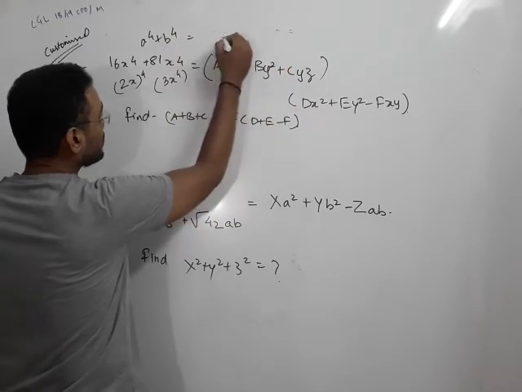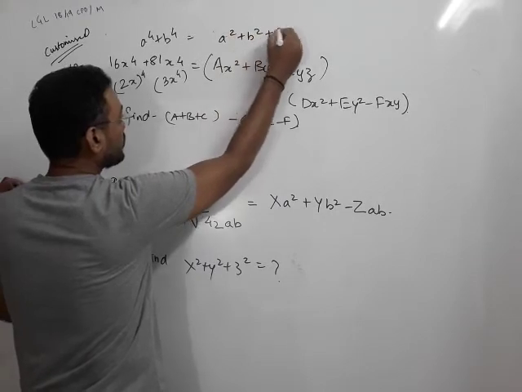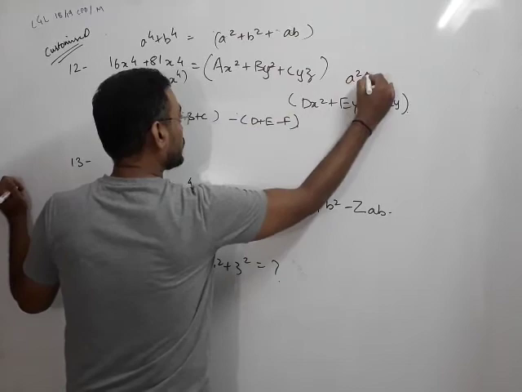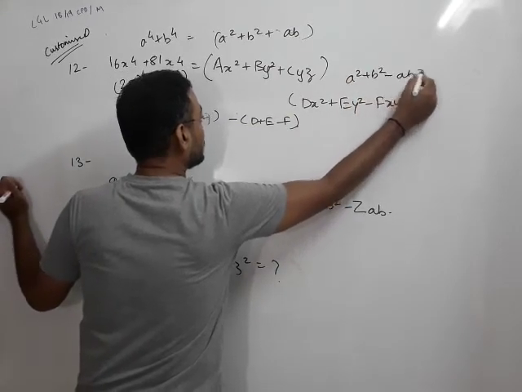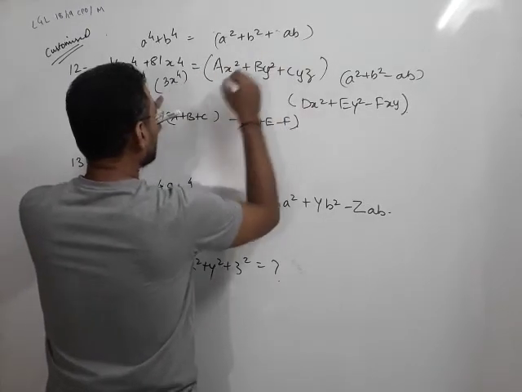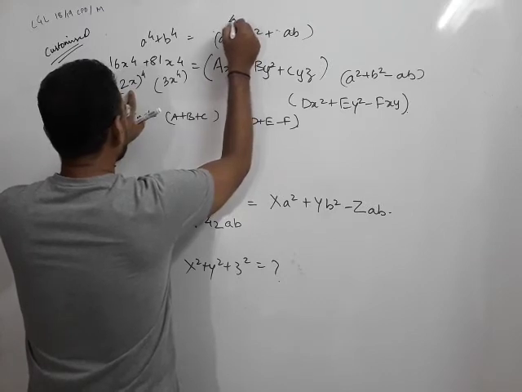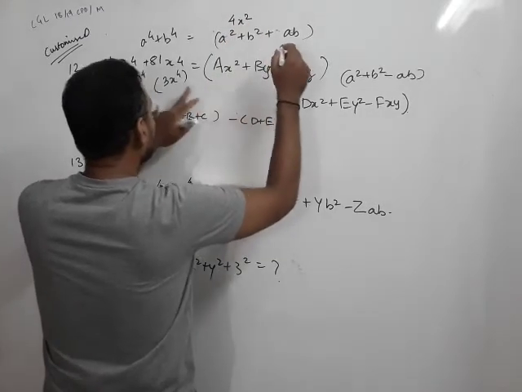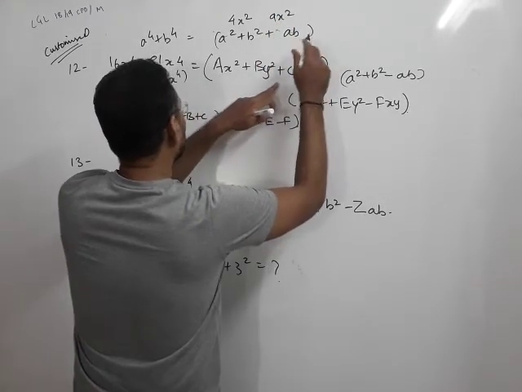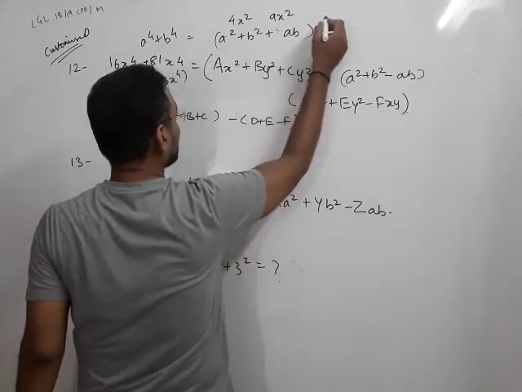It is given as (a square plus b square plus ab) and (a square plus b square minus ab). Put the values of a and b. So a square is going to be 4x square, b square is going to be 9y square, a into b is going to be 6xy.